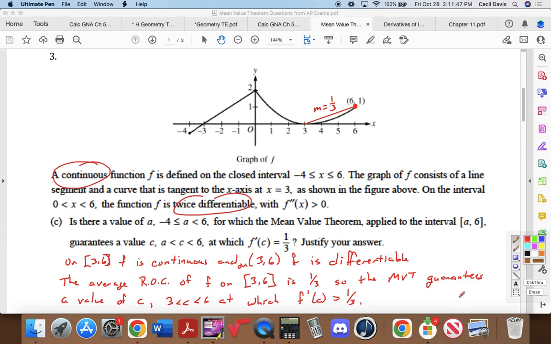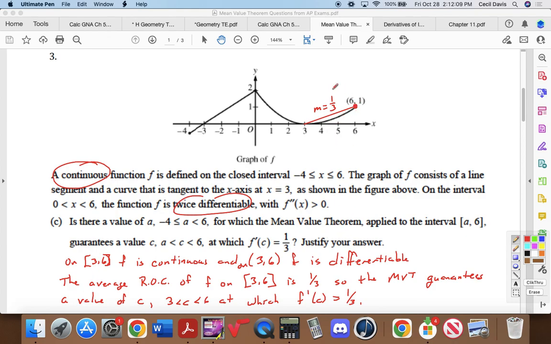Questions about that? This is a tough question. Partly because you have to make the leap of going, oh, I know that this is the average rate of change, and I can see right here the only place where the average rate of change is 1/3 is from 3 to 6.